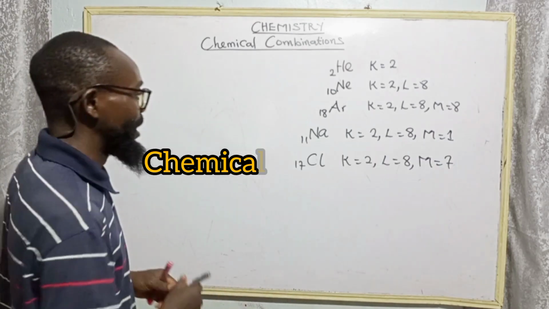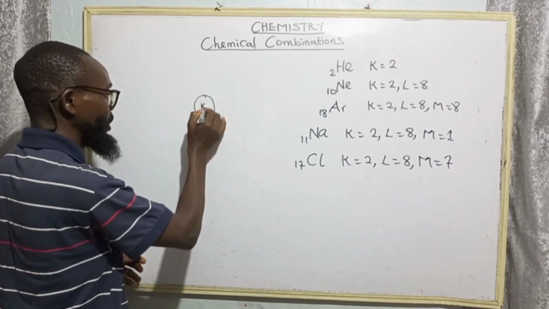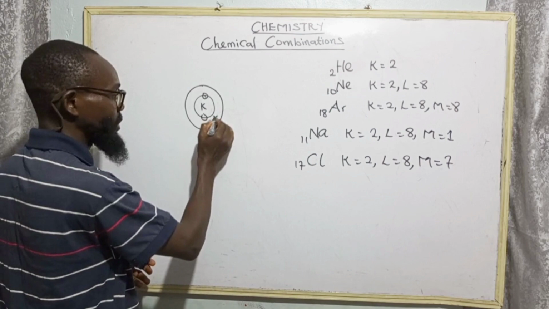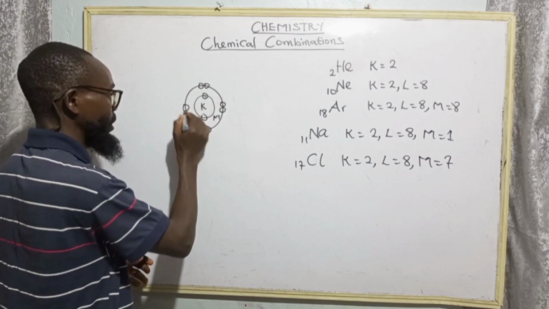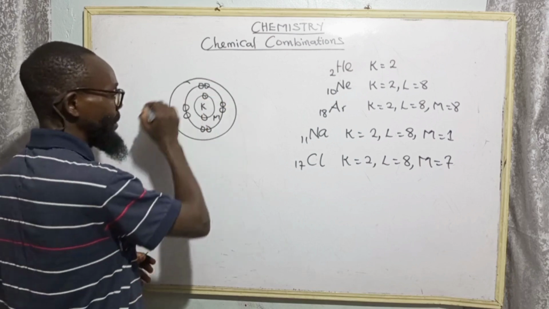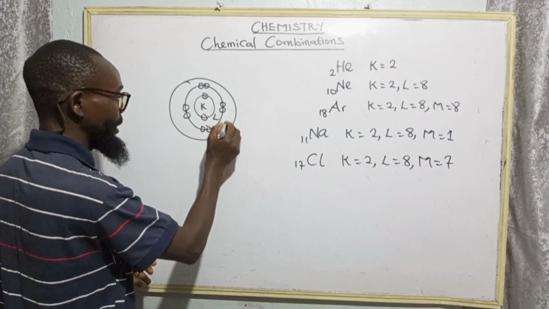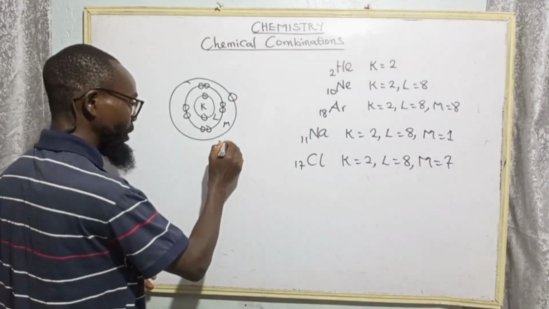Fine. Let's consider this sodium. The K shell of sodium has 2 electrons, the L shell has 8 electrons, and the M shell has 1 electron.